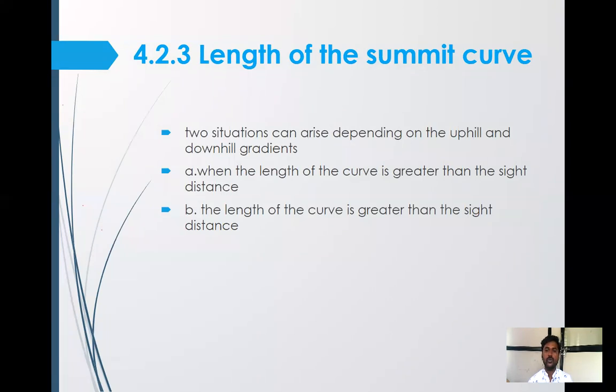So what are these two situations? First is when the length of the curve is greater than the sight distance, and second, when the length of the curve is less than the sight distance. Okay, so write down these two conditions. Write down the heading as length of summit curve.